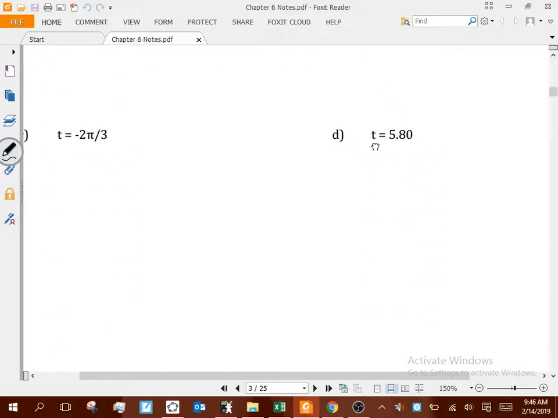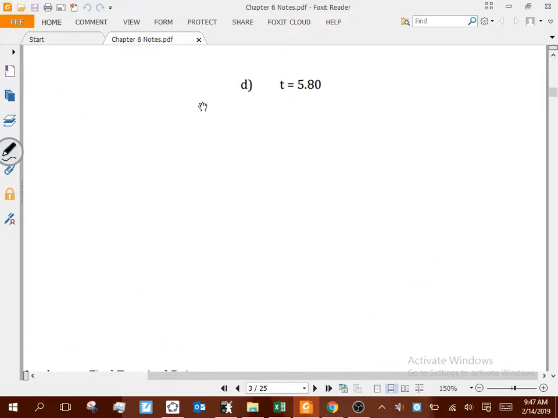They're asking you to find the reference angle if t equals 5.8. Now that's ugly, because it would be like saying find the reference angle if t was like 0.79. Well, that means at 0.79, I think, is about, or it is pi over 6.